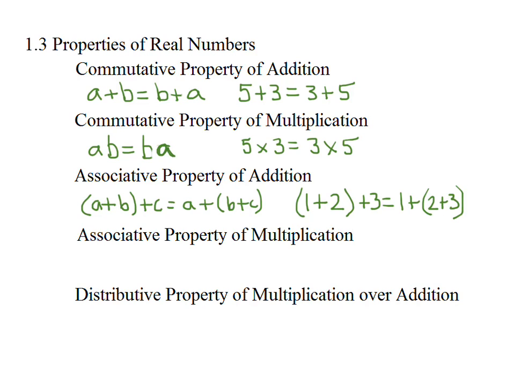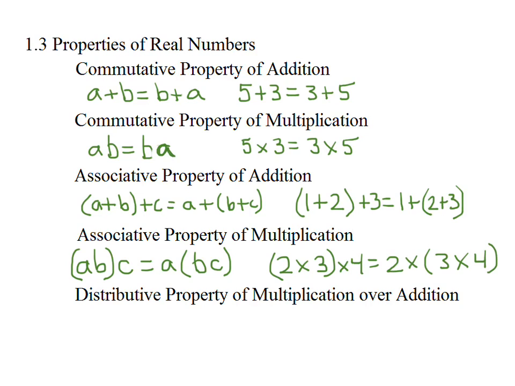We'll add terms out of order and things of that sort. And multiplication is associative as well. So 2 times 3 times 4 is the same thing grouped either way. In both cases you'll get 24. 6 times 4 versus 2 times 12, but still the answer is the same.